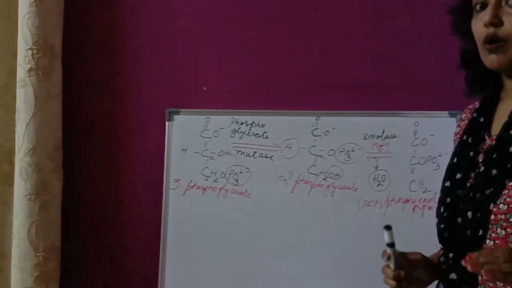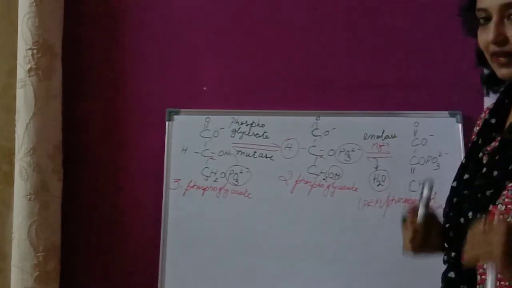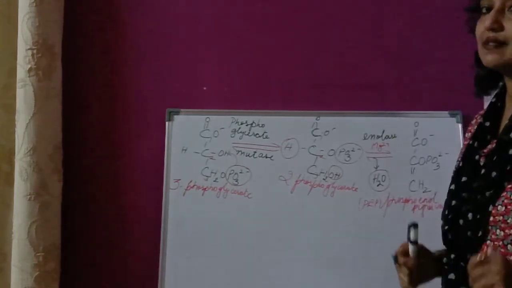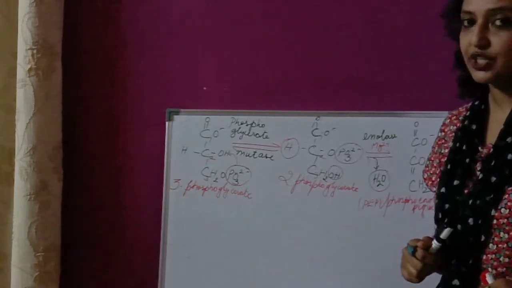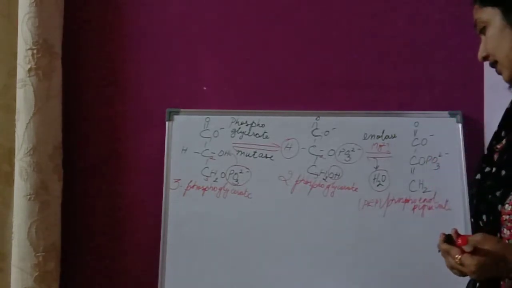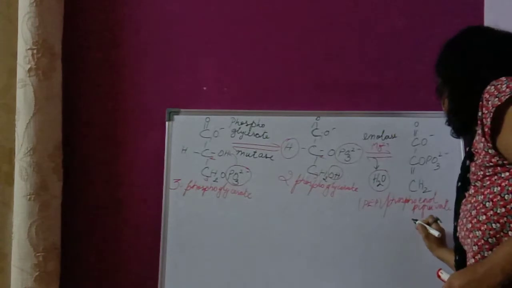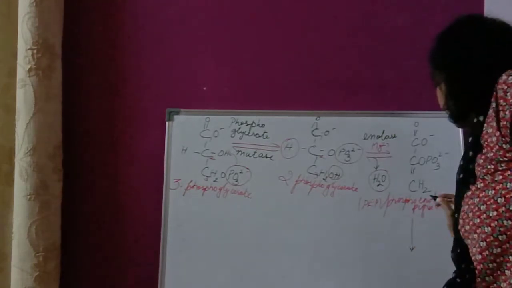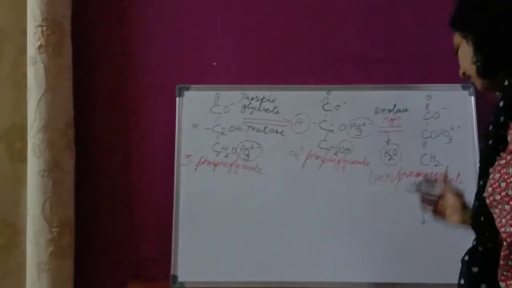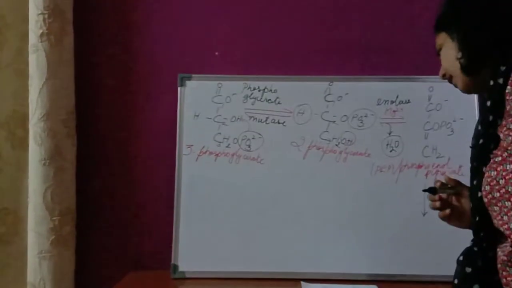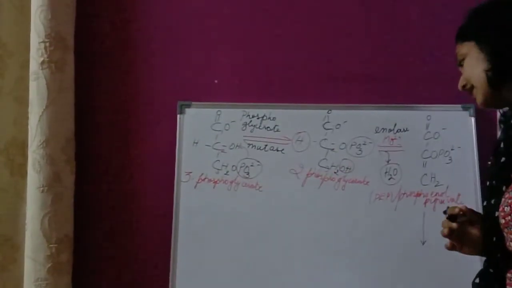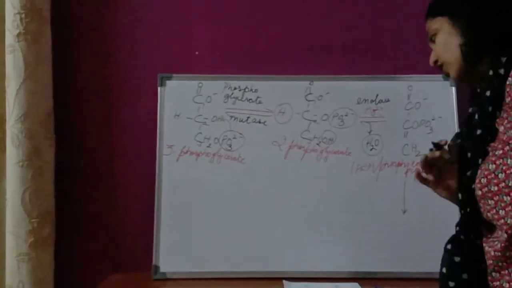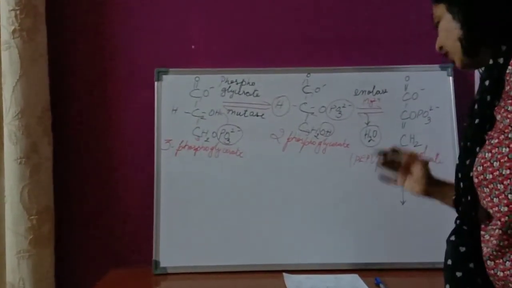This is also a very major reaction, also called as substrate level phosphorylation, because substrate level phosphorylation takes place in this last step. It's a very important step because ATP is synthesized in this step. Why it is called substrate level phosphorylation?